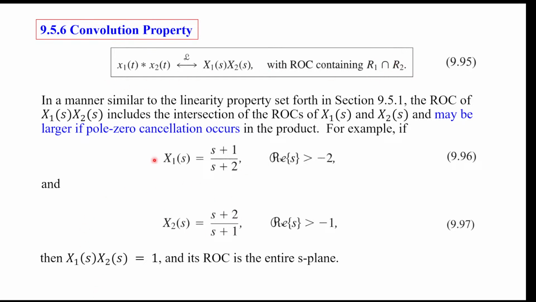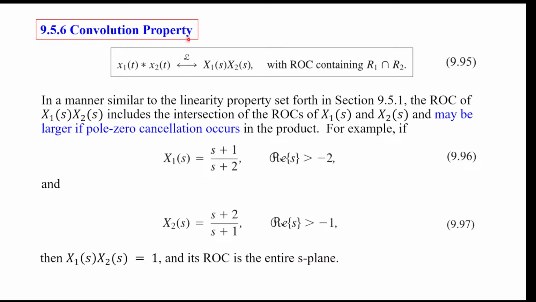And here we have a very trivial example. We have X1 is (s plus 1) over (s plus 2), with ROC being the right hand side of the minus 2 pole. This thing only has a pole at minus 2. And X2 is (s plus 2) over (s plus 1), with ROC also being the right hand side of its pole.